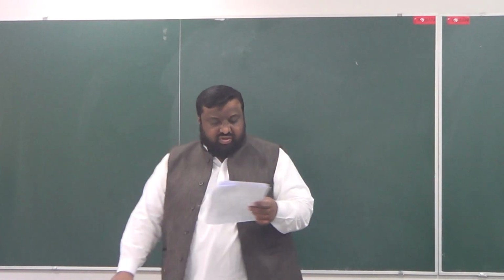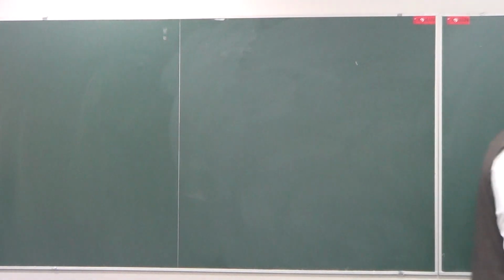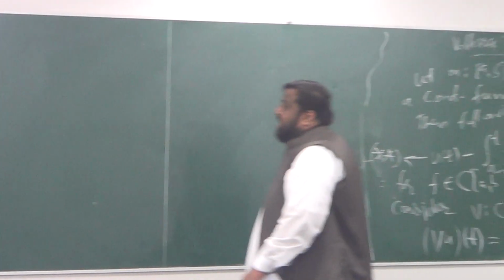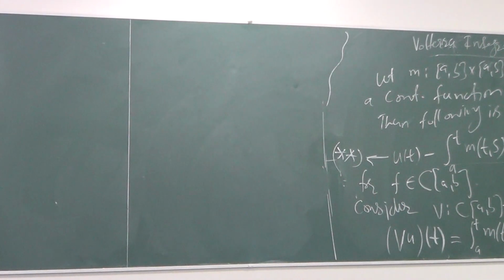So now my equation, maybe I can call it double star, takes a form, and that form would be u minus Vu.